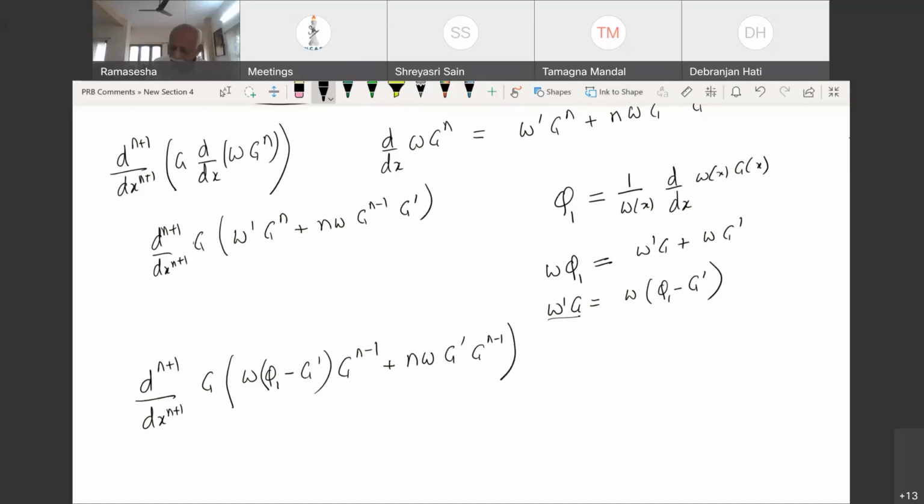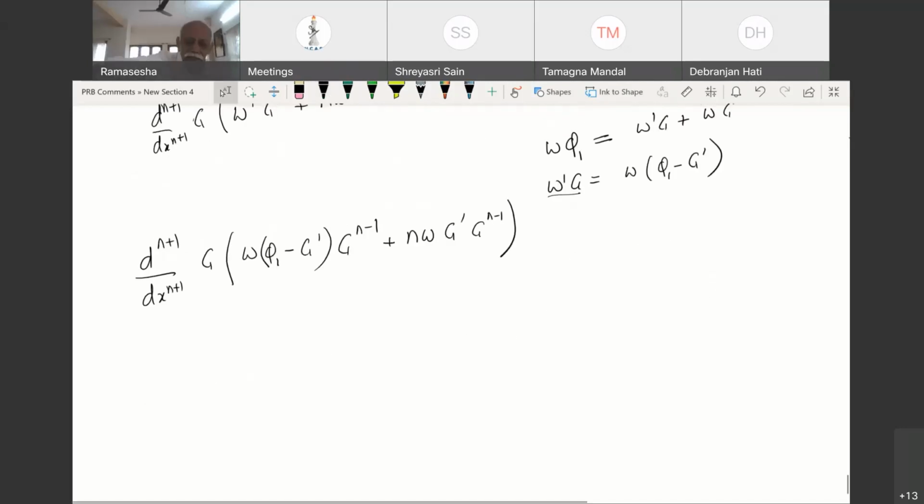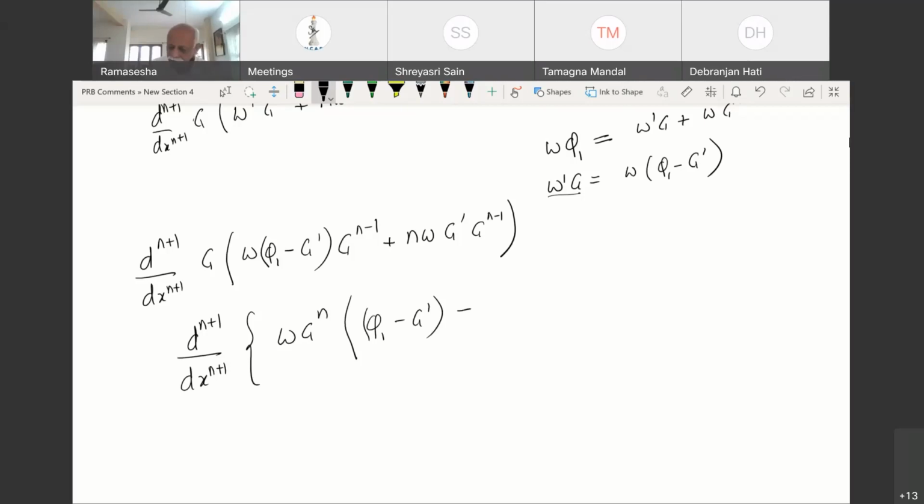Right? Or I can write it as d^(n+1) upon dx^(n+1) of W g^n times (P1 minus g prime plus n g prime). Right? I guess is that clear?